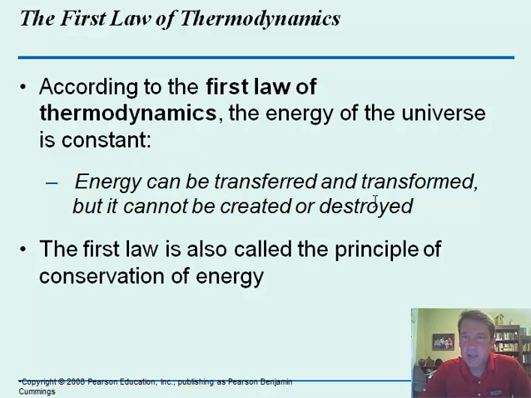It can be transformed, but it can't be created. We can't make any new energy without having some other form to transform it, some other energy held in maybe a different form and then transform it. So it's the law of the conservation of energy. That applies to us in the study of energy.